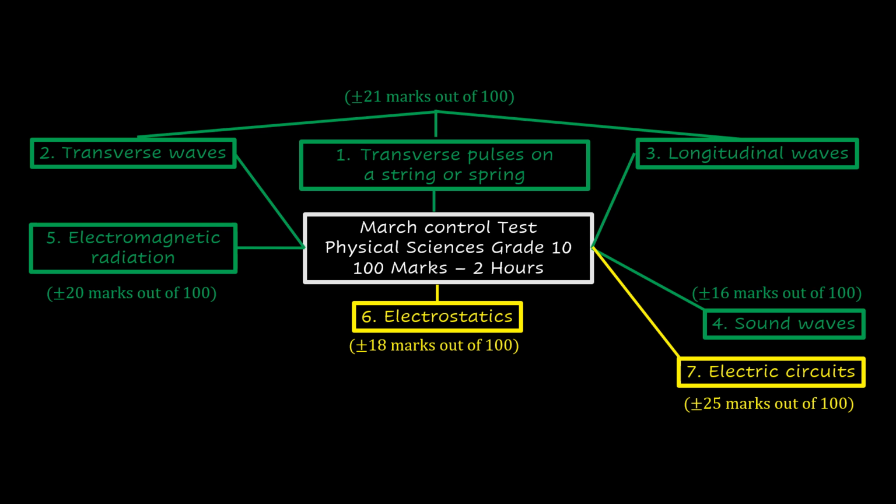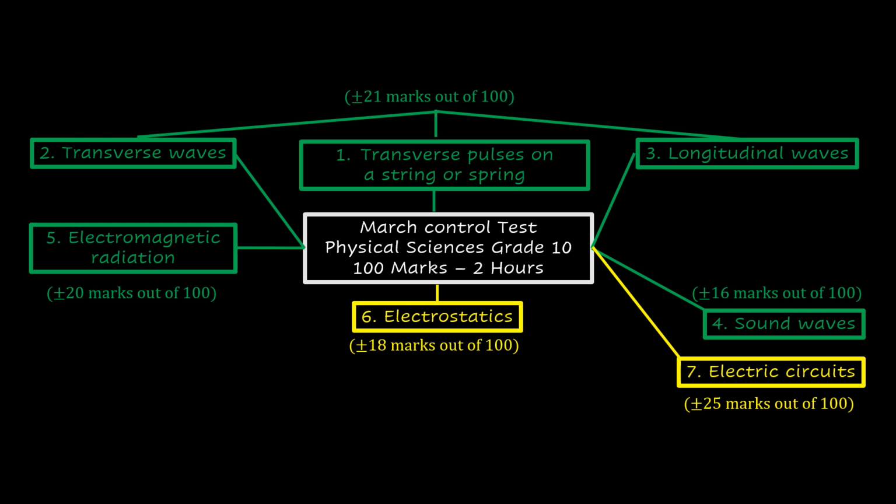So the two topics, electrostatics and electric circuits, fall under this one big topic, I think it's called electricity and magnetism. So you see they will carry about 40% of your question paper.